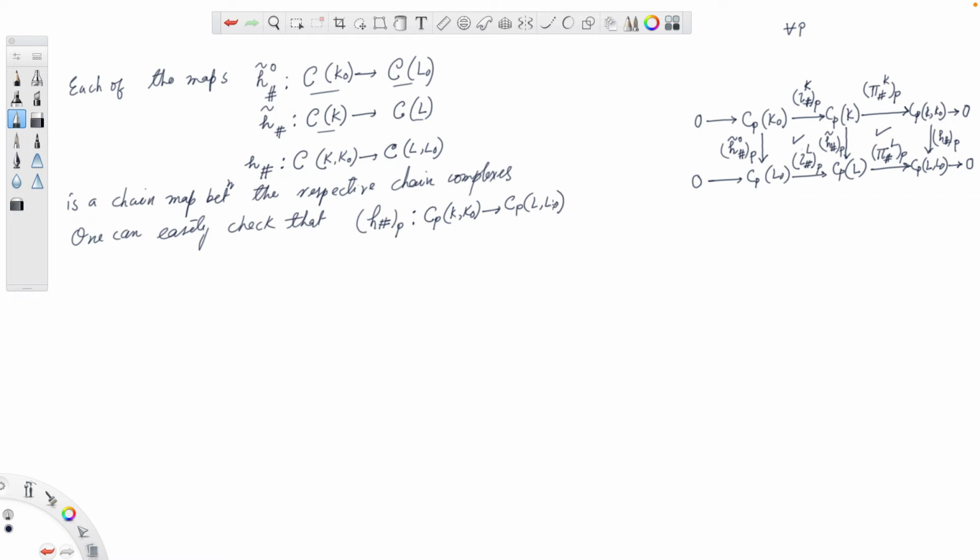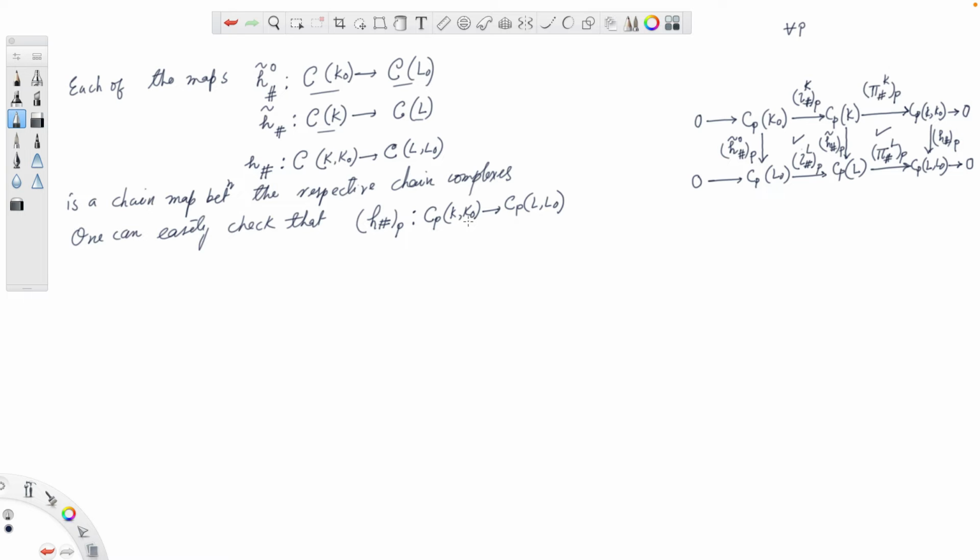This is a map between two quotient groups. The left hand side is the quotient of CP of K by CP of K0, and the right hand side is the quotient group of CP of L by CP of L0.